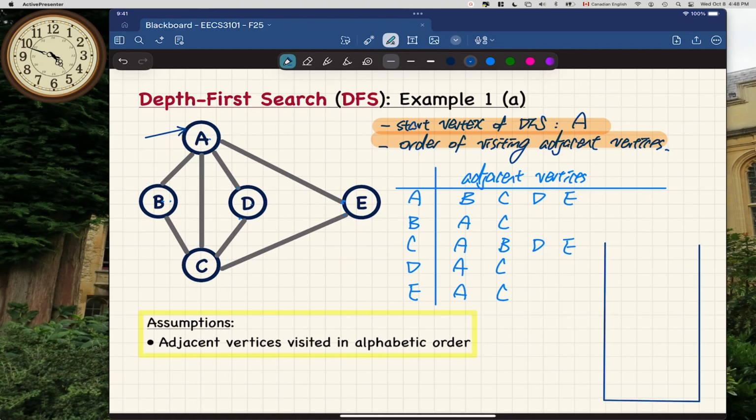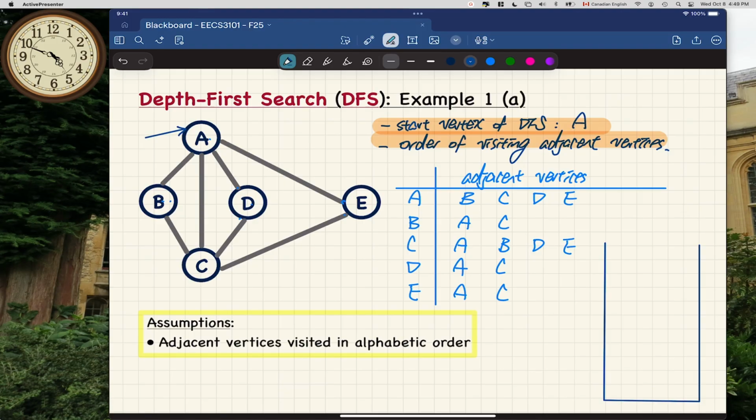There might be different ways I can ask the questions. I might say, given this graph, do a depth first search, and then ask you to give me the discovery edges in the result. I might ask you to give me all the back edges. Or I might simply ask you what's the order of pushing the vertices into the stack, and what's the order of popping off the vertices from the stack.